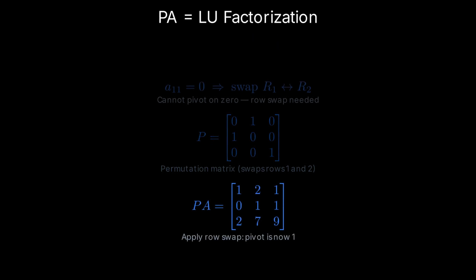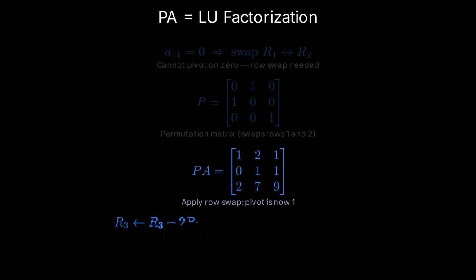Now we compute P times A. Row 1 of PA comes from row 2 of A, giving 1, 2, 1. Row 2 comes from row 1 of A, giving 0, 1, 1. Row 3 stays the same, 2, 7, 9. So PA equals the matrix 1, 2, 1, 0, 1, 1, 2, 7, 9.